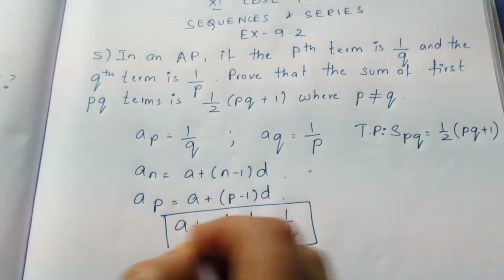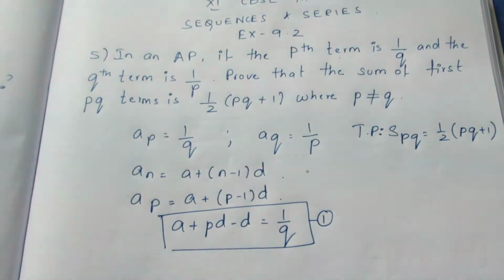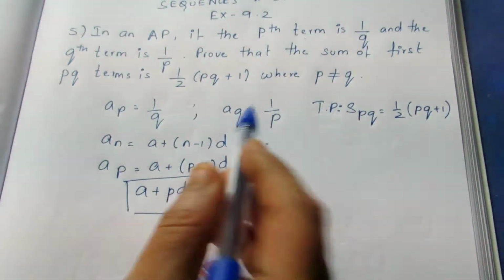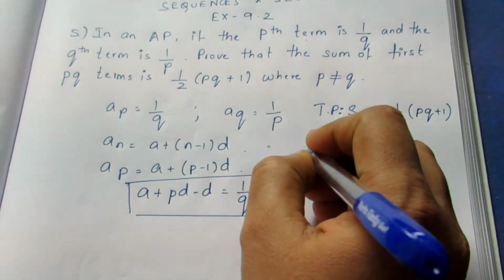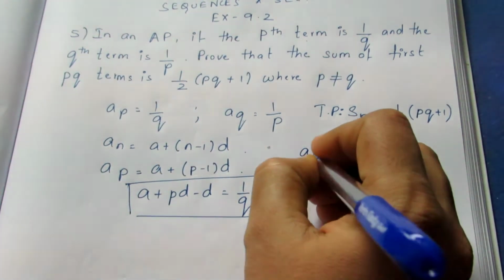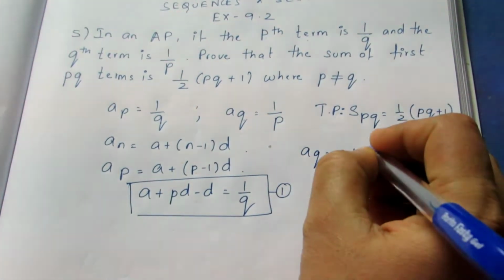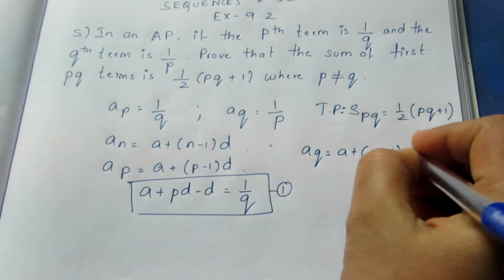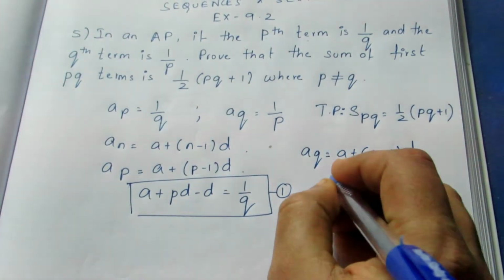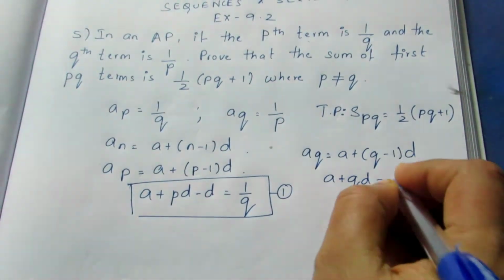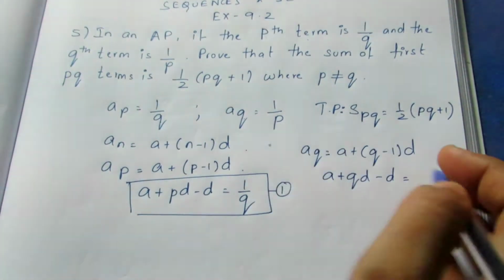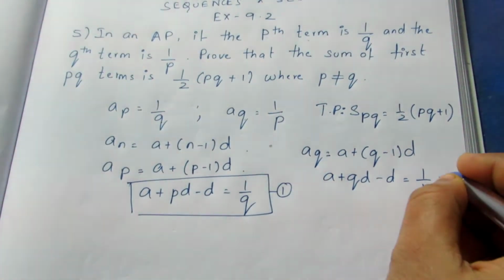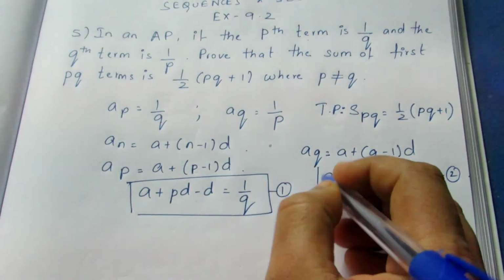Let it be there, I am writing it as equation 1. The same way, a_q is equal to a plus (q minus 1) into d. Multiplying d inside, a plus qd minus d is equal to, instead of a_q we can write 1 by p. I am writing this as equation 2.